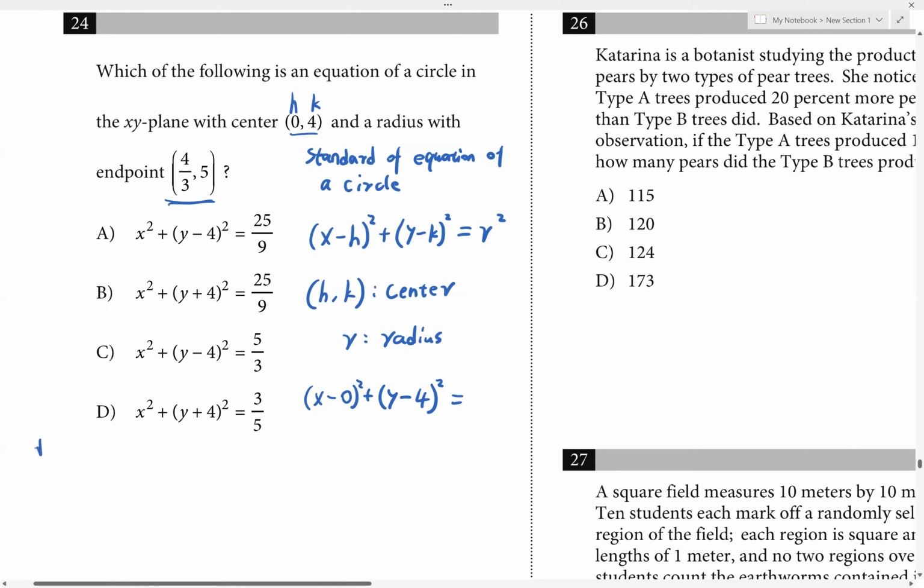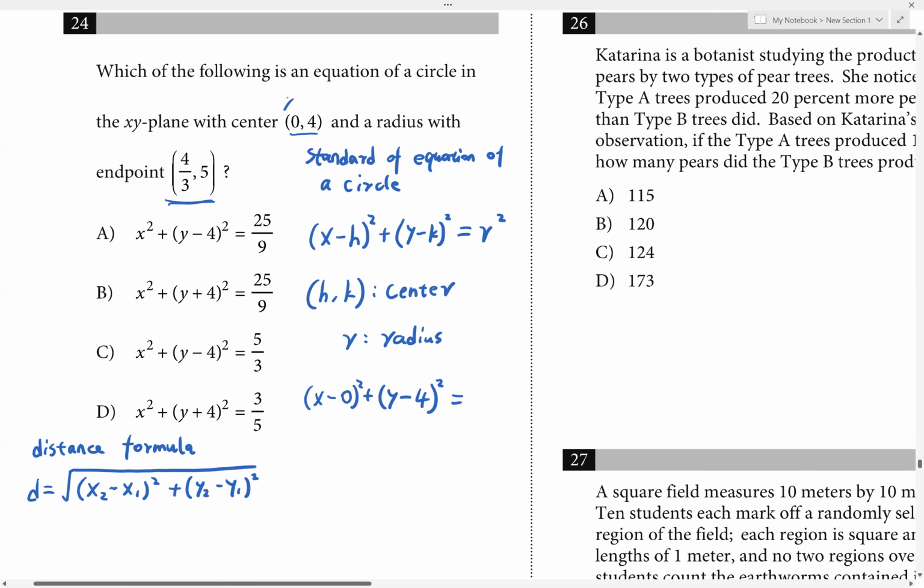We have to use the distance formula, which is d equal to the square root of x2 minus x1 squared plus y2 minus y1 squared. The 2 points we're using are 0, 4 and 4/3, 5.